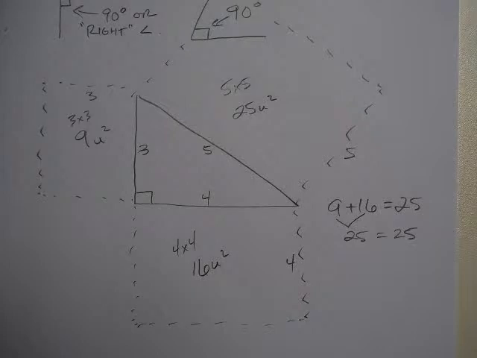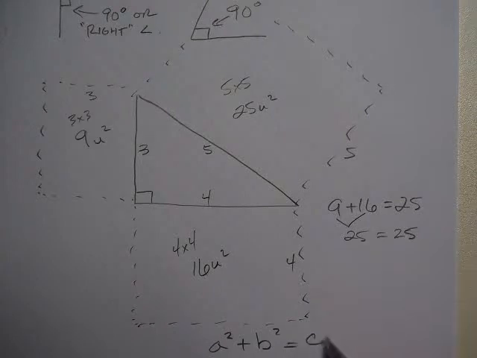And he did this for many, many right triangles. Now, there's an infinite number of right triangles. There's no way that he could do it for all possible right triangles. But he did it for enough that he came up with a theorem where he said, if I square the length of the 2 small sides, A and B, and add them together, I get the length of the third side, the longest side.